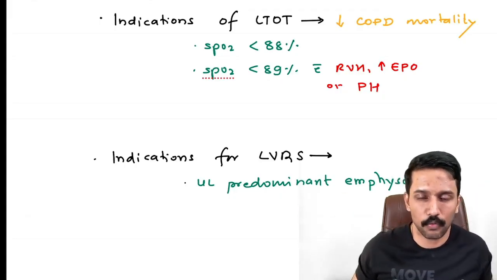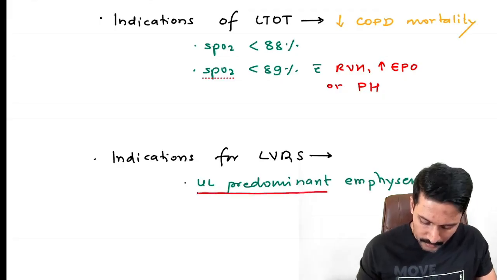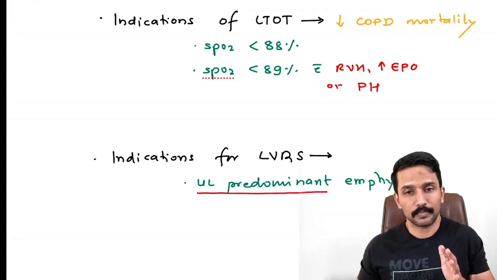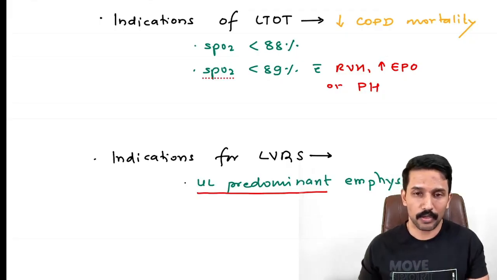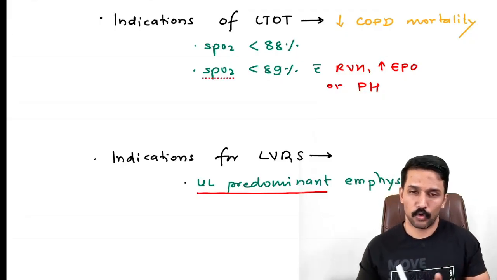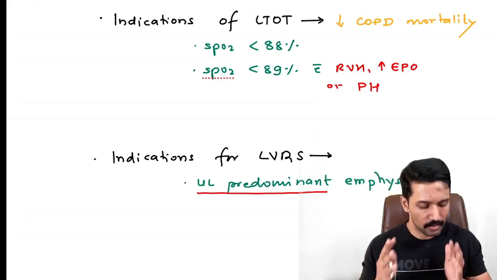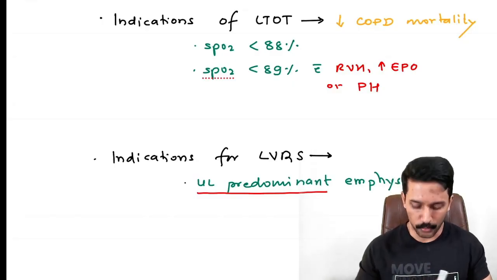We will call it lung volume reduction surgery. So which patients are most likely to benefit? It is the patients with smoking, because smoking causes upper lobe predominant emphysema. Alpha-1 antitrypsin deficiency causes lower lobe predominant emphysema, right? So these are the important points that I want you to remember for COPD. Okay.